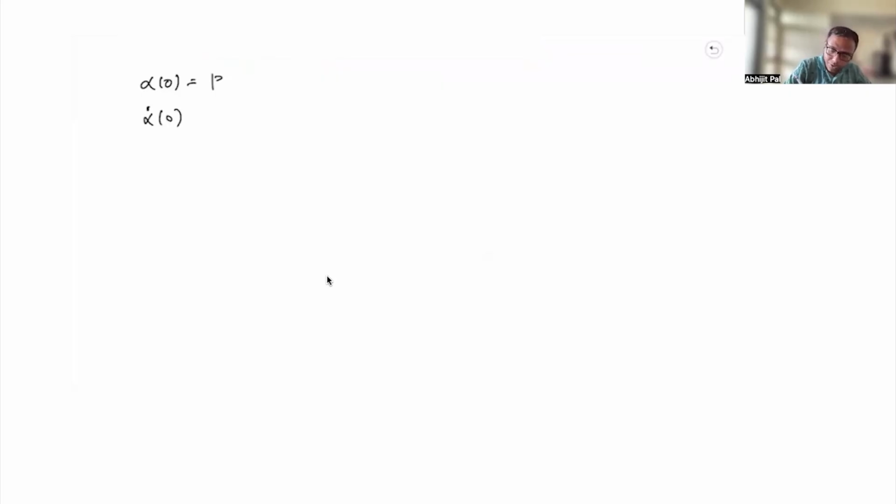Now let us compute alpha dot(0). Take the derivative of this alpha at the point t equals 0.